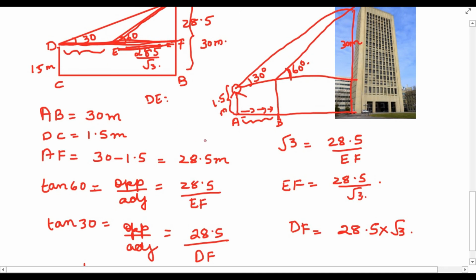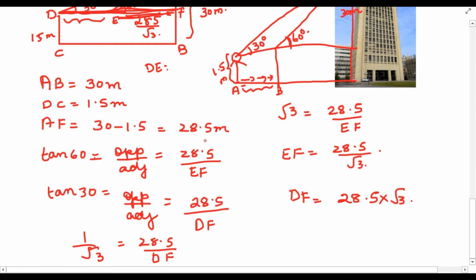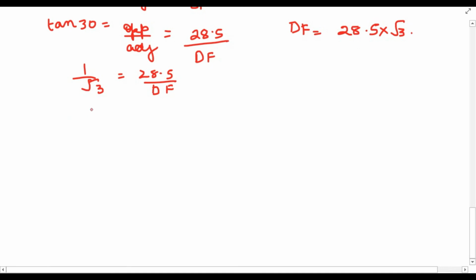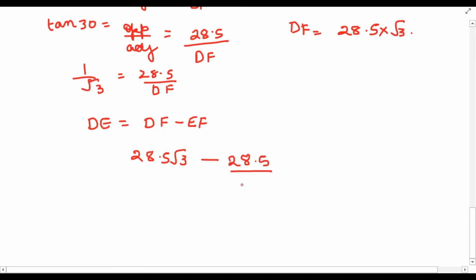So we know DE is equal to DF minus EF, and DF is 28.5 root 3 and EF just now we got as 28.5 divided by root 3.